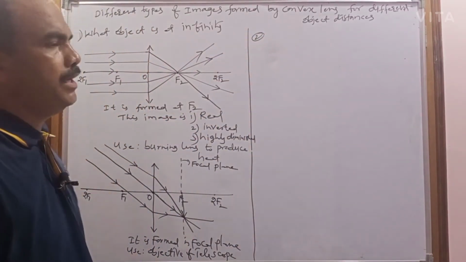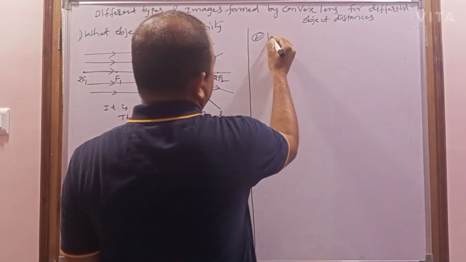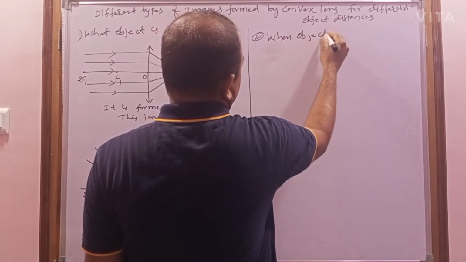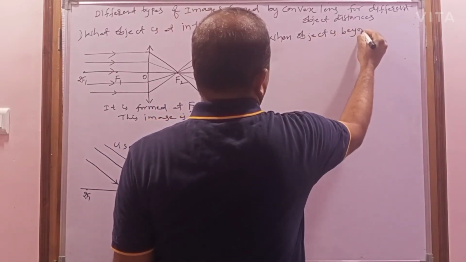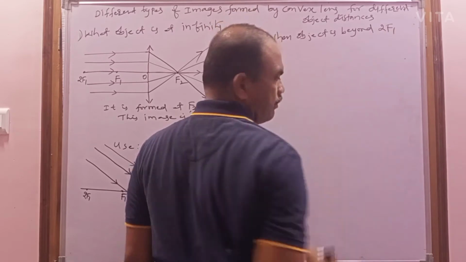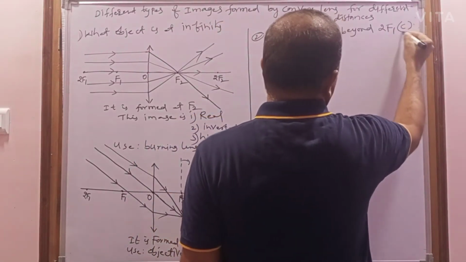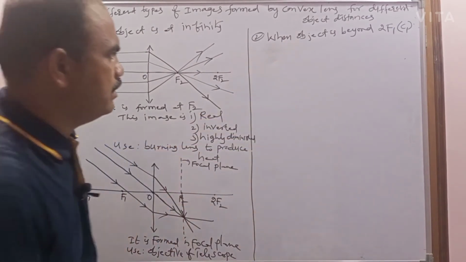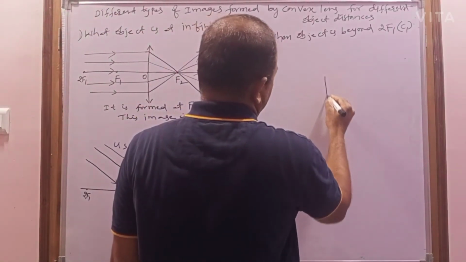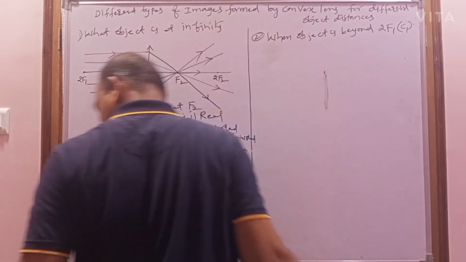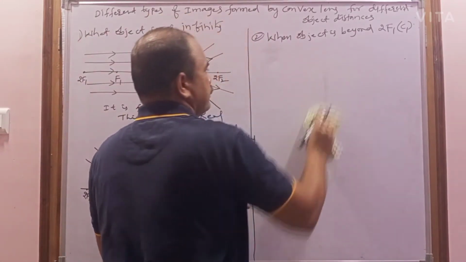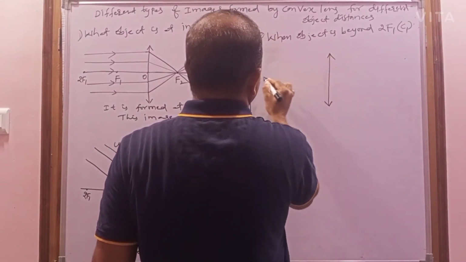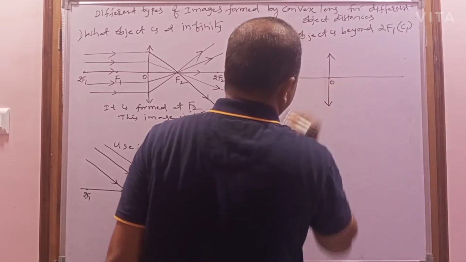Now coming to the second one. The first one is when the object is at infinity, and the second one is when the object is beyond 2f1, or it may be called c1. Now consider this is a convex lens, this is the principal axis, and this is the optic center.